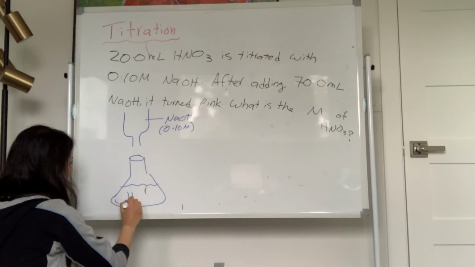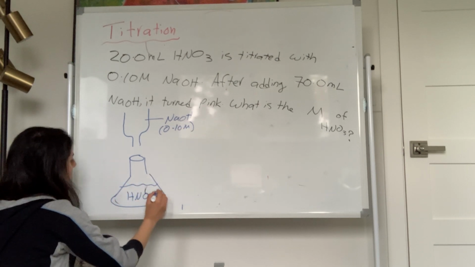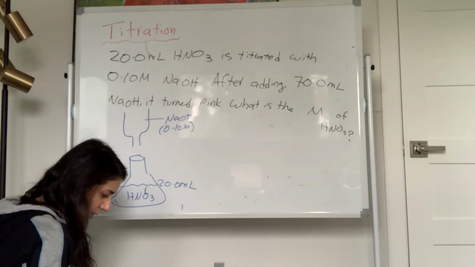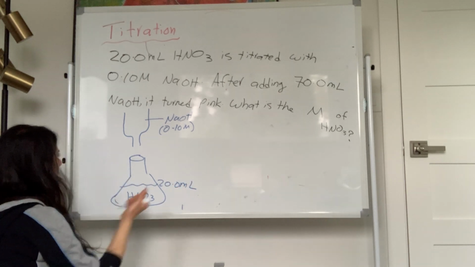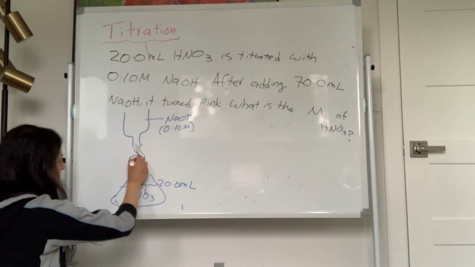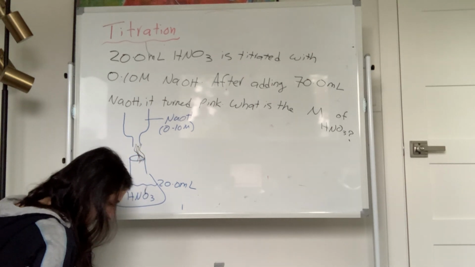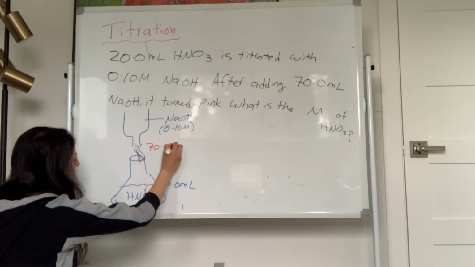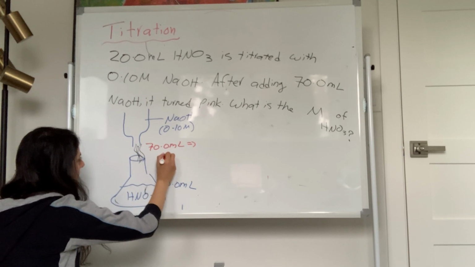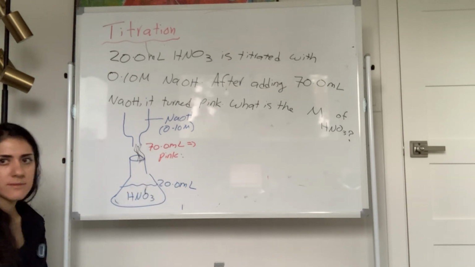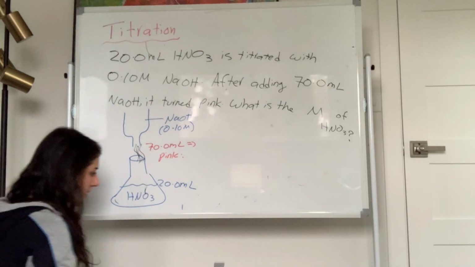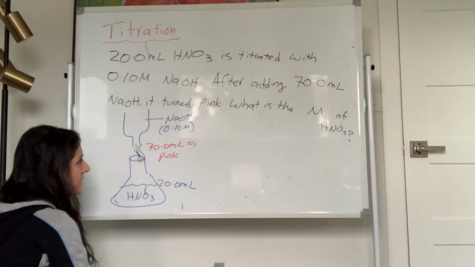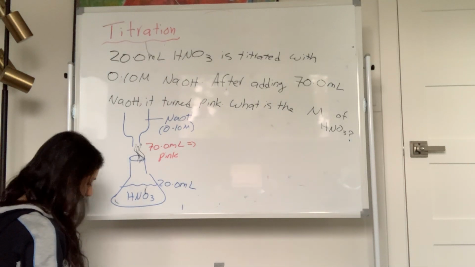Down here, I have nitric acid, and it's 20 ml. I'm going to keep adding, and after I added 70.0 ml, it's going to turn pink. Now the question is, what is the molarity of nitric acid?